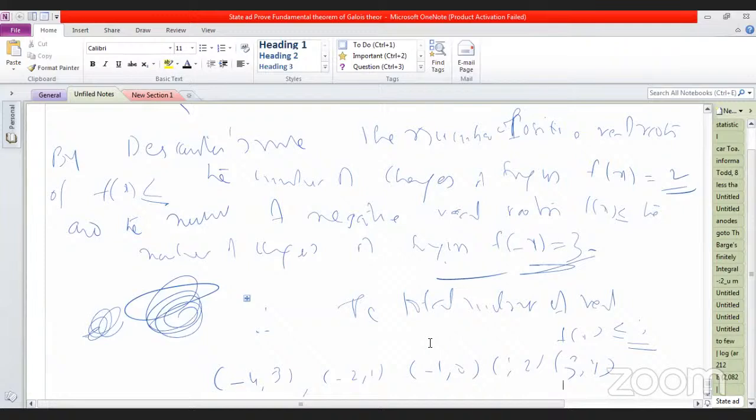Sir, the total number of real roots of f(x) is less than or equal to the number of sign changes in f(x), and greater than or equal to blank. The number of sign changes in f(x) minus x is equal to 3, right? The number of sign changes in f(-x) is equal to 3, right? Yes, sir. -1, 0, then what comes next, I don't understand. 1, 2 and 3, 4.